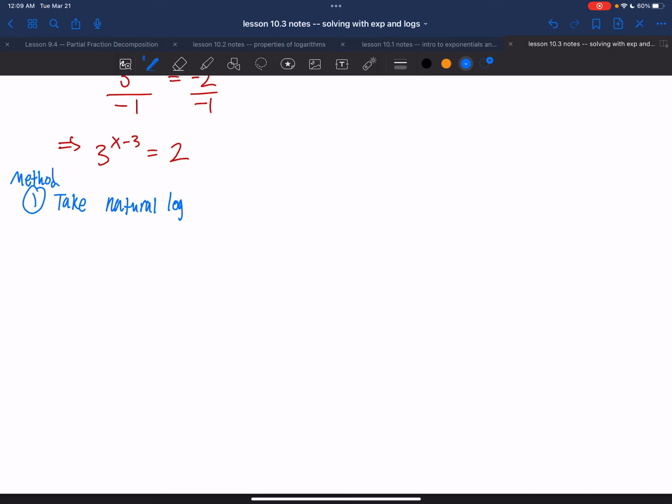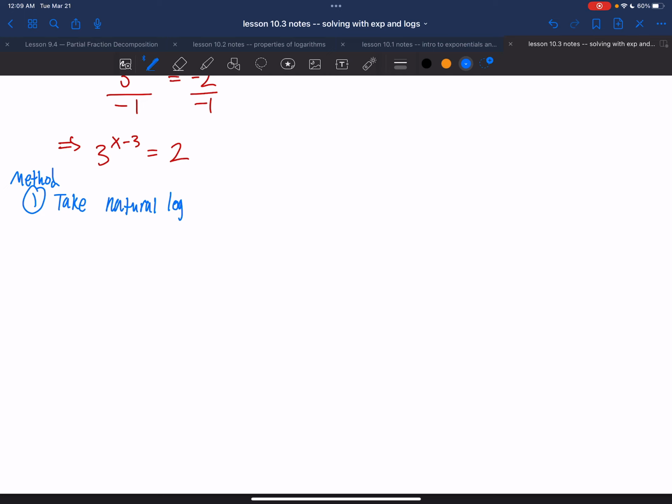Take that. And again, you can choose anything, okay? I choose natural log most often because it's natural. It's my favorite log. I like the natural log more than any other logarithm. I like it more than base 10. I like it more than base 2.